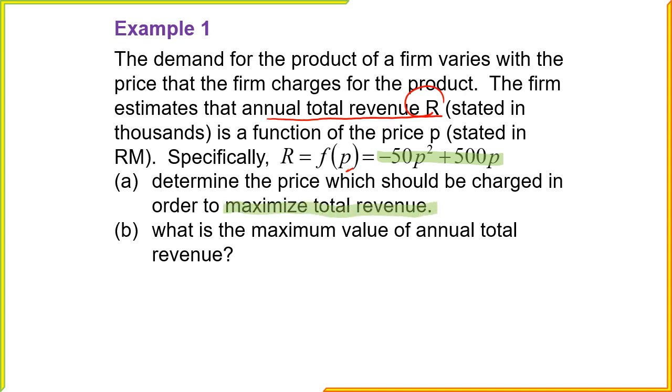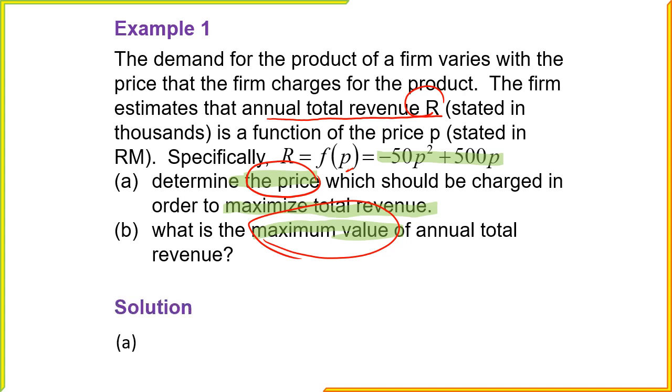So we want the maximum revenue here. What is the maximum value? Now we want to determine the price to maximize revenue. The keyword here is price, but the second question is what is the maximum value itself of the annual total revenue.